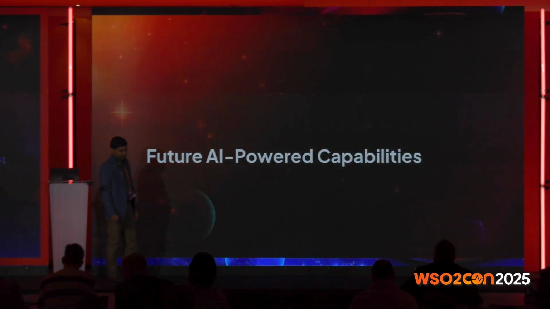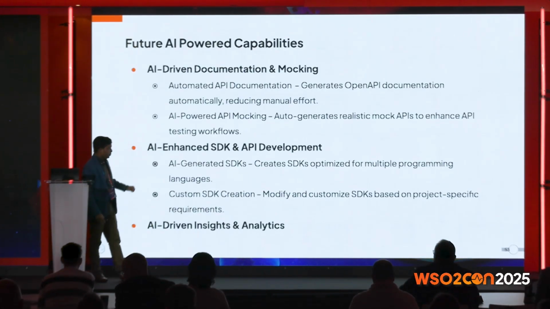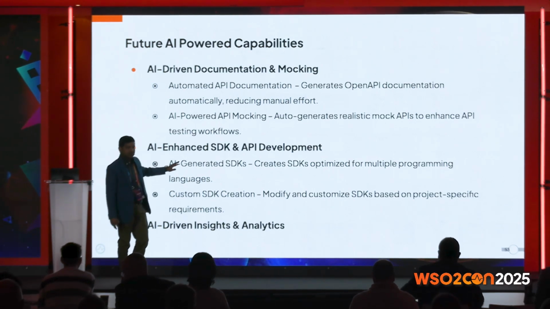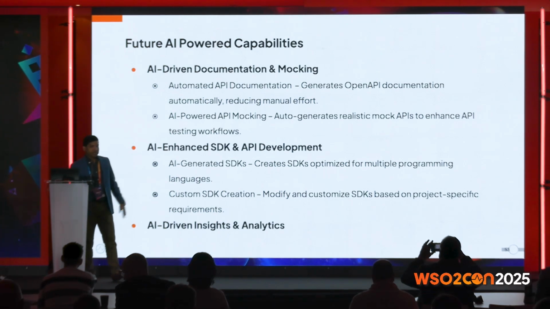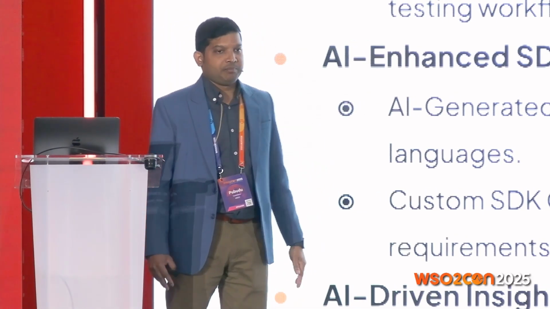Right, so I'll talk about future AI powered capabilities. If you look at the things that we covered, some of these things are missing. These are required to have end-to-end AI capabilities to cover different stages of API management.